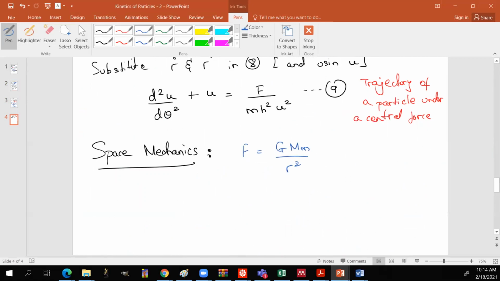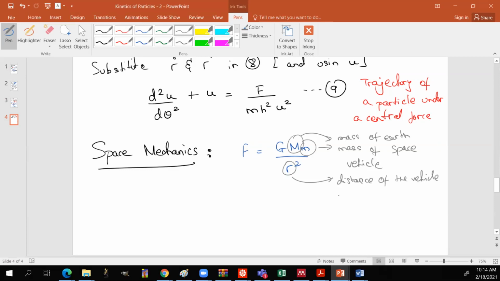When you're looking at space mechanics, especially if you're considering satellites around the Earth, or things that have to slingshot around the Earth, m is the mass of the space vehicle you're looking at, M is the mass of the Earth, and this distance r is the distance of the vehicle from the center of the Earth.